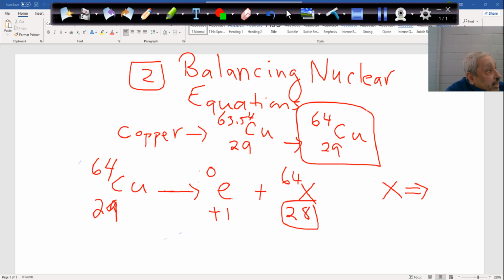What is 28? Nickel. That's another isotope. Remember, we got nickel somewhere in the process as well? This is another isotope of nickel. So this is a second nickel here. So nickel, Ni, with the atomic mass 64, correct? And the atomic number is 28. 28 here.